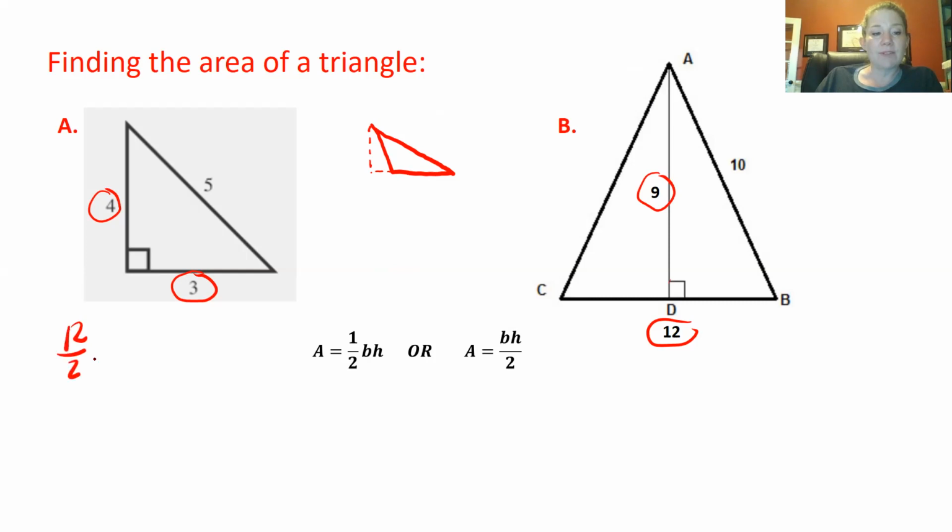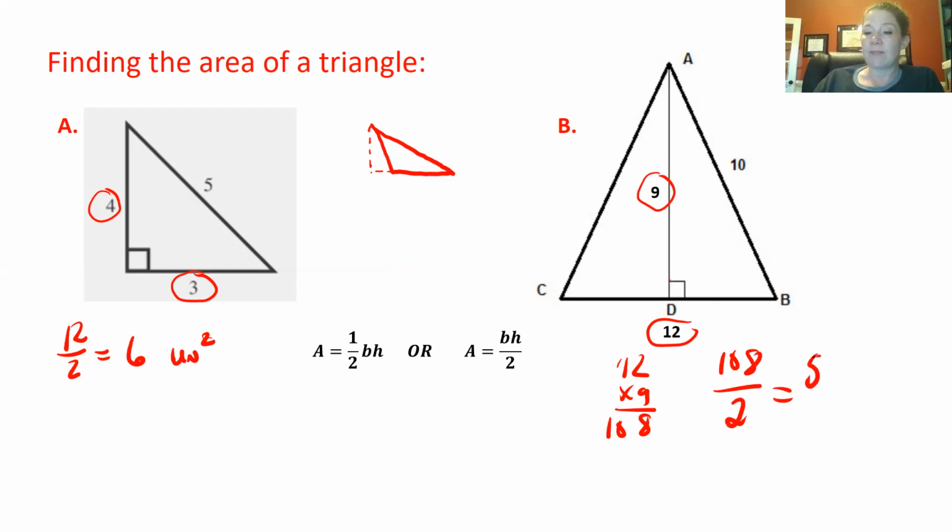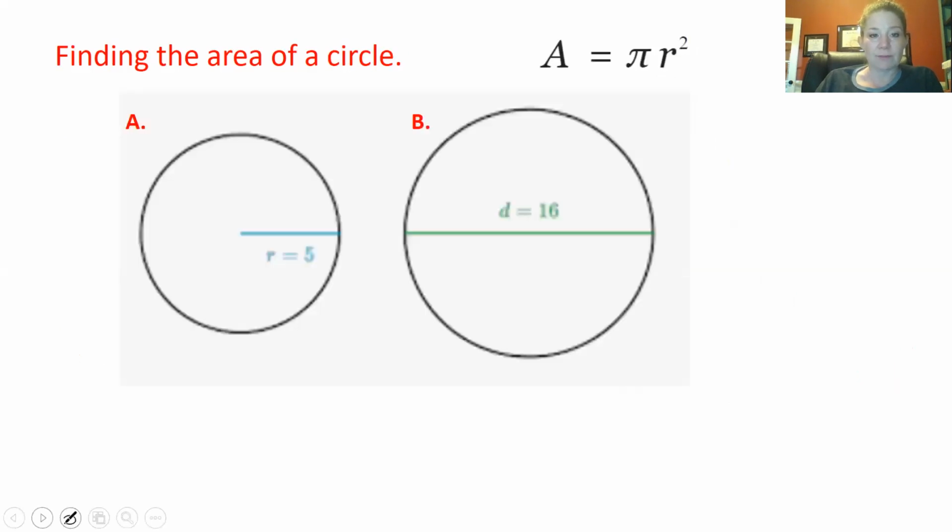Half of 12 is 6 units squared. All right, here on letter B, our base and our height are 12 and 9. So 12 times 9 is 108. And we're going to halve 108 and we get 54 units squared. That's how you find the area of any triangle.